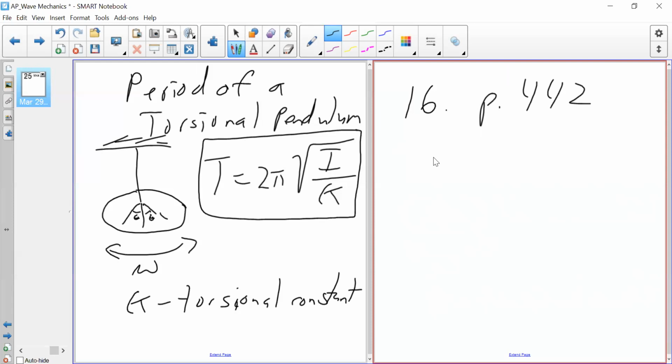Sticking with that analogy, like a mass on a spring, you pull it 2 centimeters down, it's only going to go between 2 and 2. You pull this torsional pendulum 45 degrees, it's only going to go 45 back and forth. Same idea. Hope that helps you out.